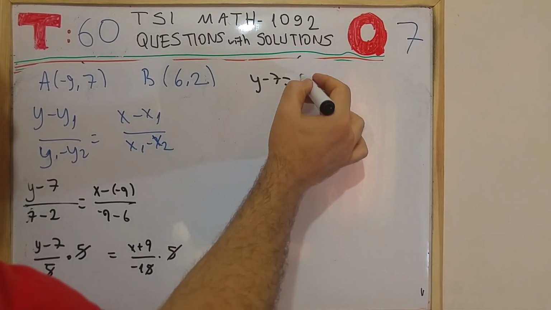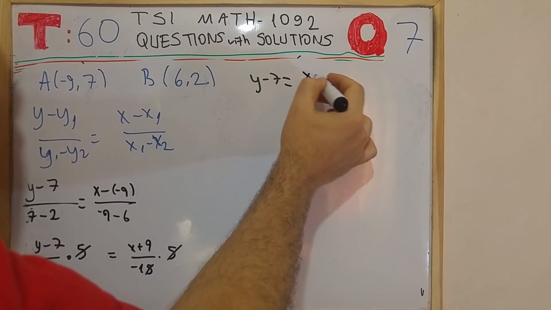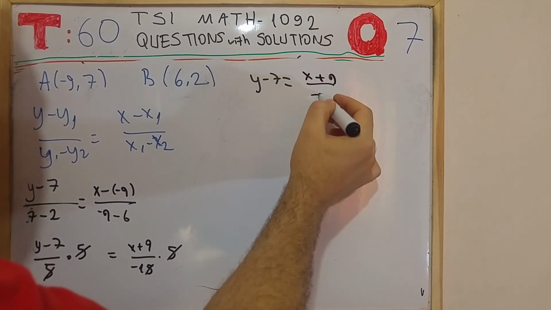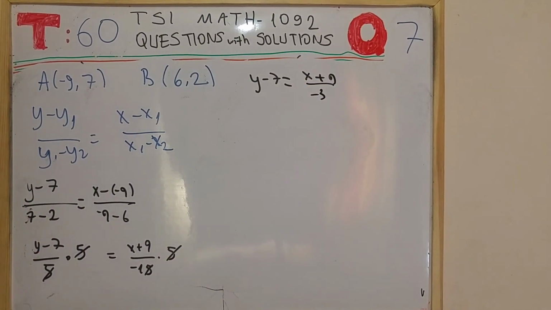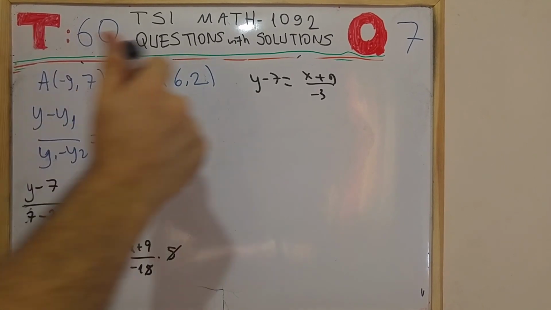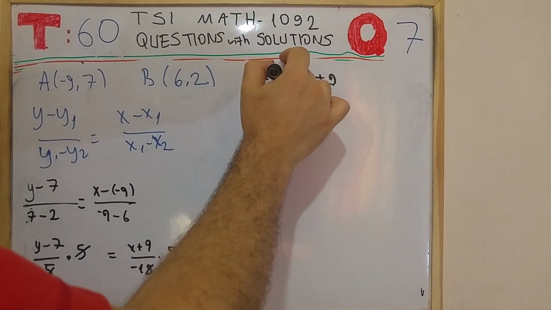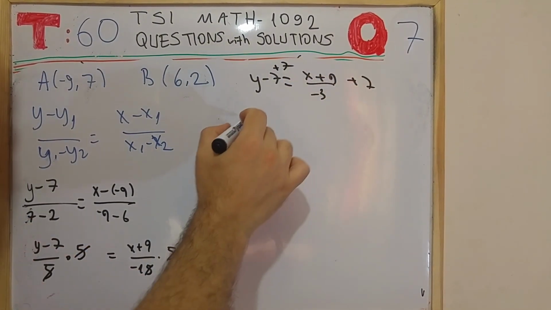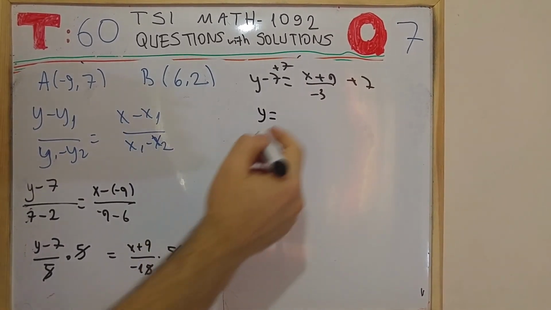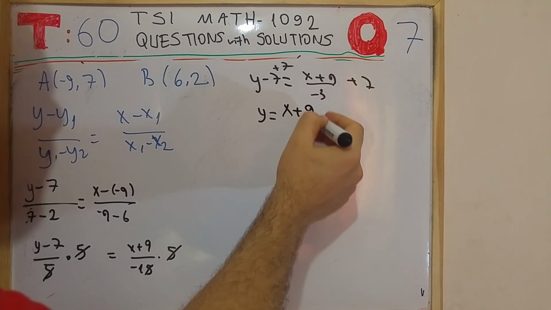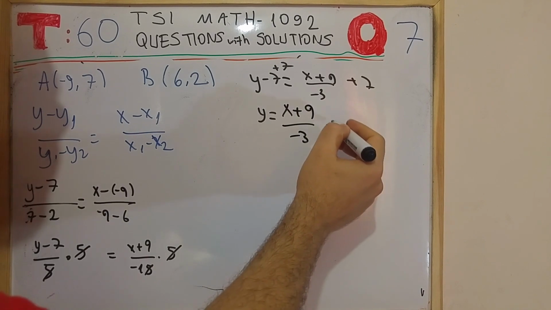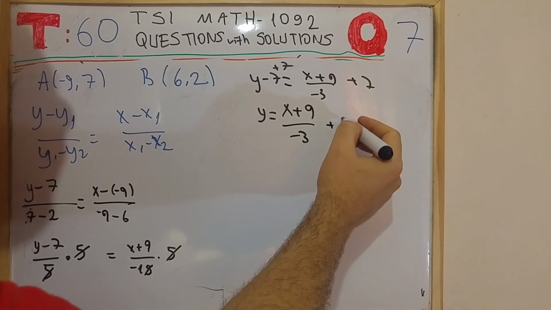This is equal to (x plus 9) over minus 3. Let me add 7 to each side now. So y is equal to (x plus 9) over minus 3 plus 7.